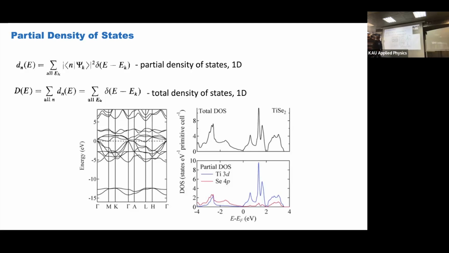And I want to find out from what orbitals this band structure consists. I have to split my total DOS picture into partial DOS. And here I'll see titanium 3D. It's a titanium orbital which gives a very high contribution at this energy, from 0 to 2.